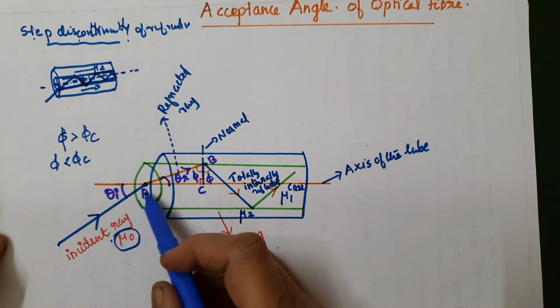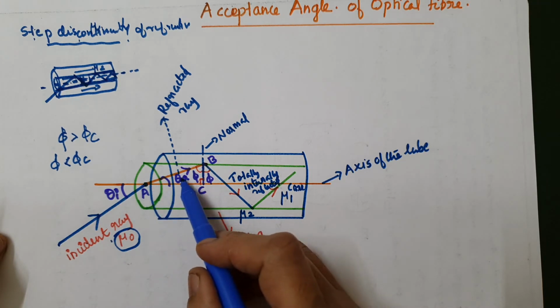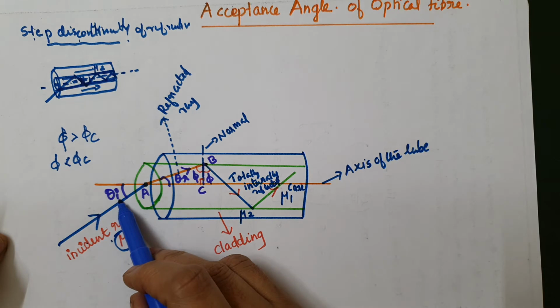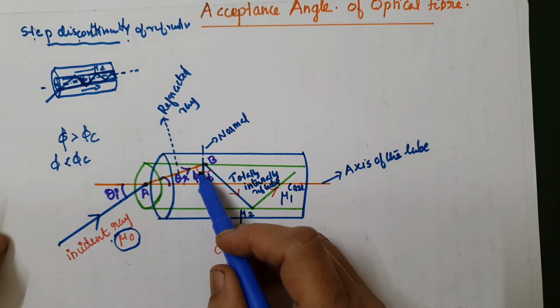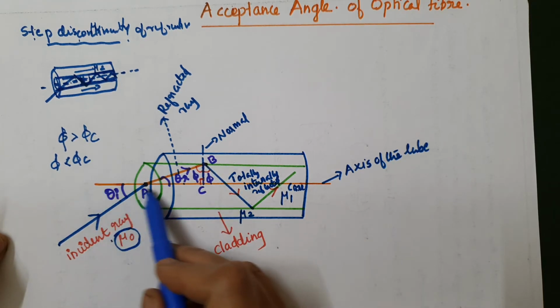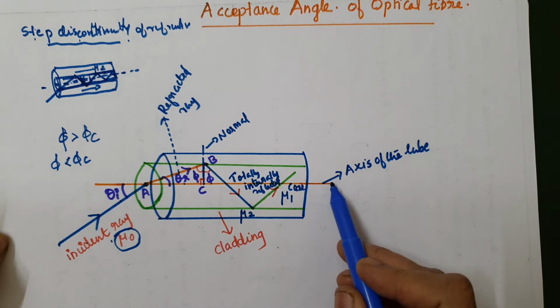When the ray enters the fiber region, it undergoes refraction. Theta is the angle of incidence, theta r is the angle of refraction, and phi is the angle of incidence at the core cladding boundary. And this is the axis of the optical fiber.